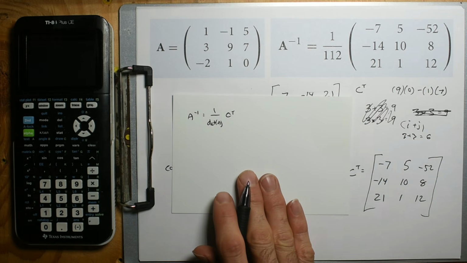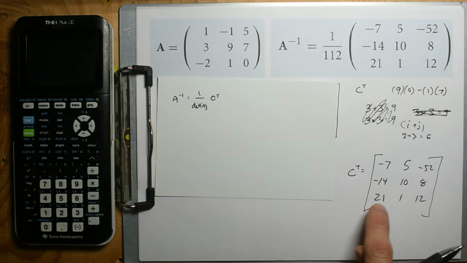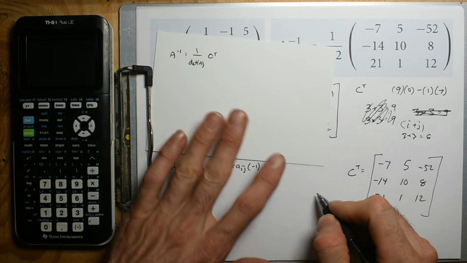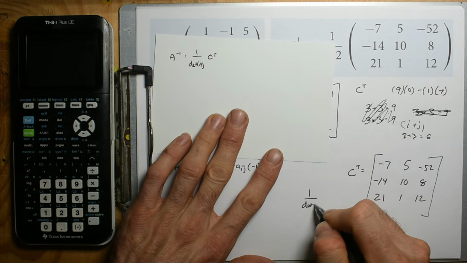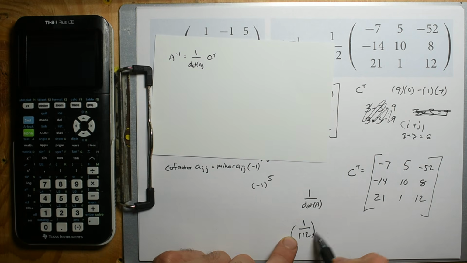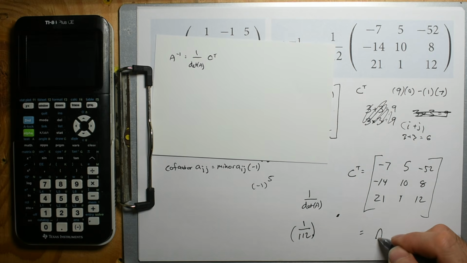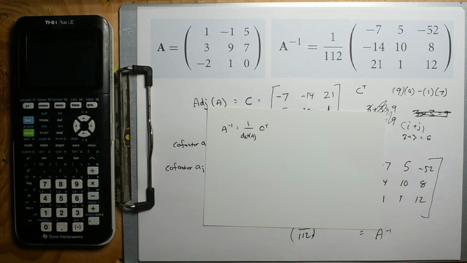So the inverse of this matrix is this cofactor multiplied by 1 divided by the determinant of A, which is 1 divided by 112. So this multiplied by that is equal to the inverse matrix.